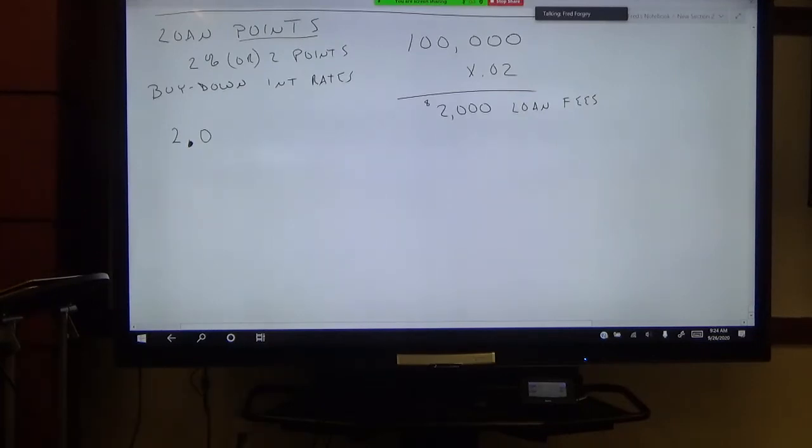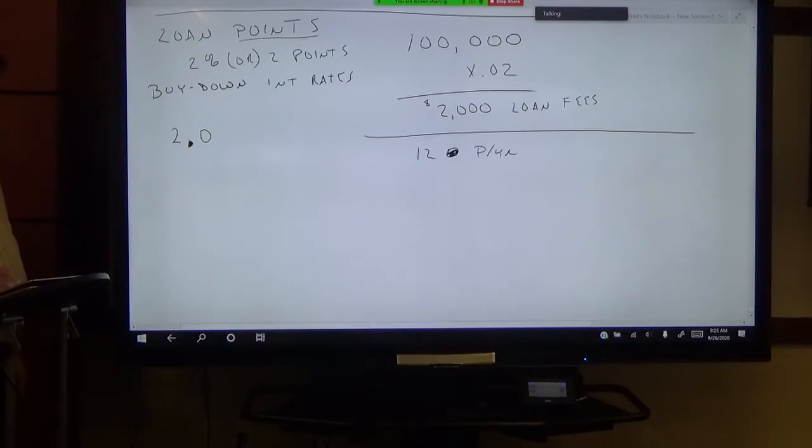So let's say we got our loan of the million, or the 100,000. Our interest rate was 5%, we said.